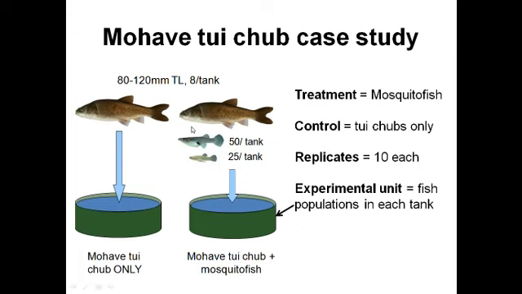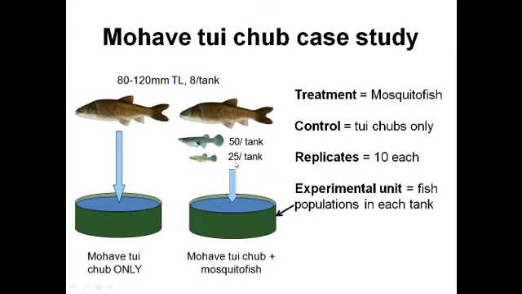And you may wonder why I have depicted two different fish here. So mosquito fish are highly sexually dimorphic. So this one, the lower one, is a male and the upper one is a female. So the females are much larger than males.